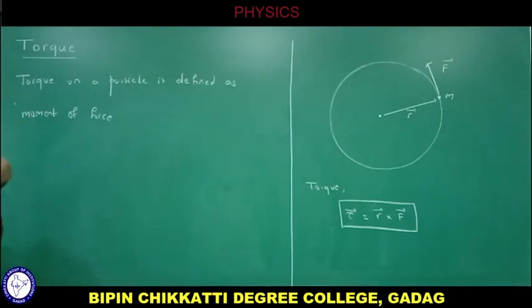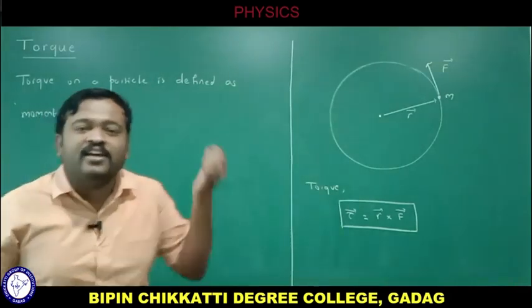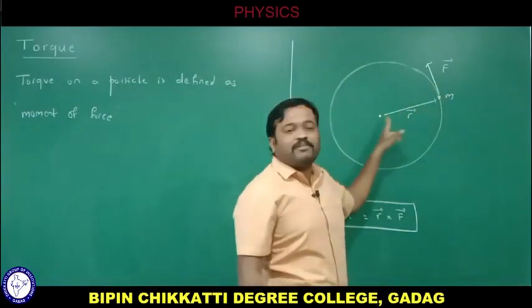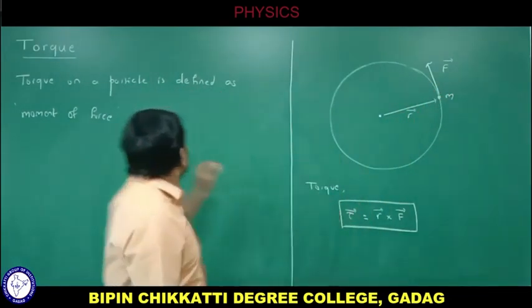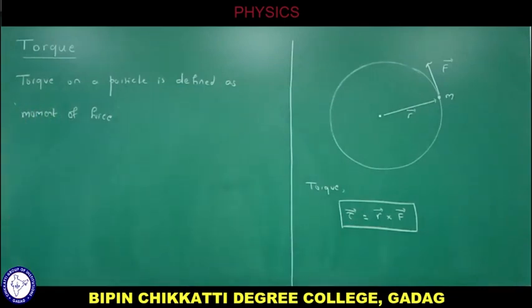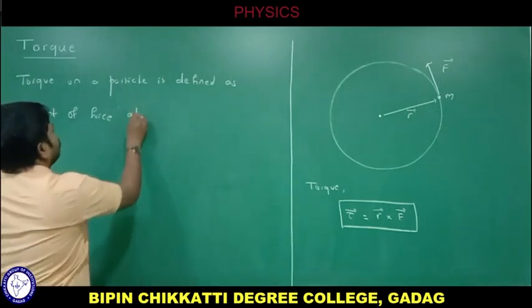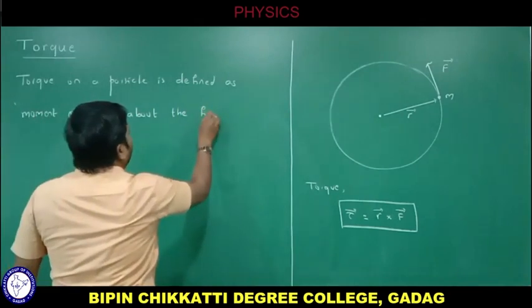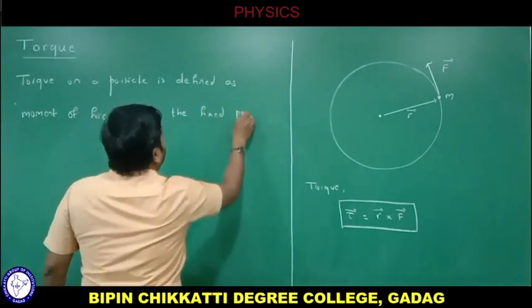Moment is a word which is used when you take a physical quantity with the distance from a fixed point. Torque on a particle is defined as moment of a force about the fixed point.